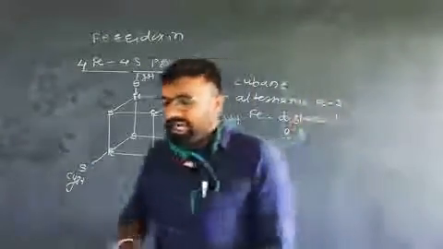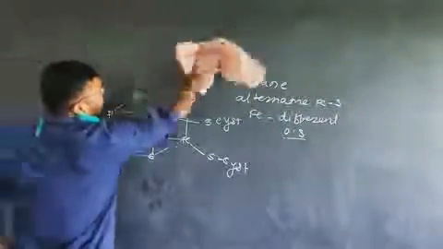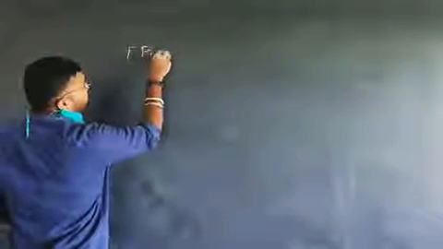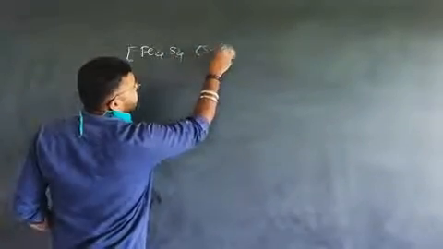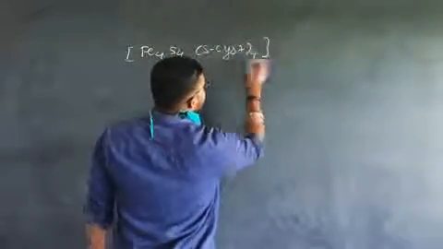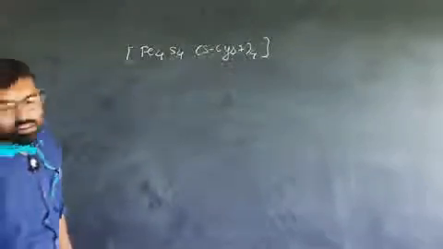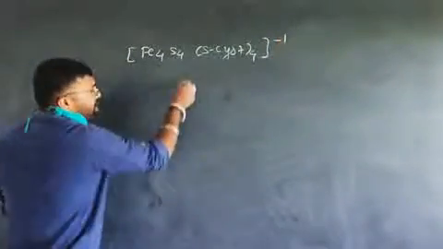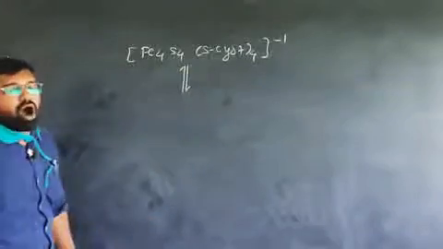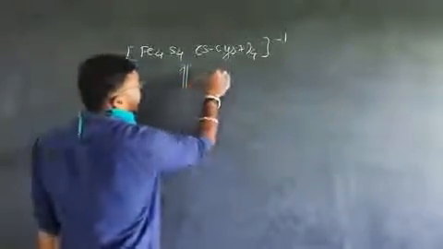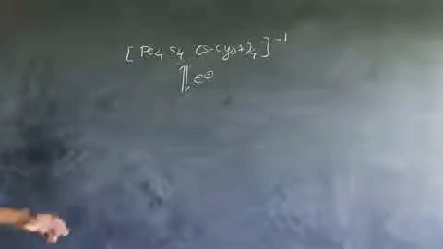Okay, now the oxidation state. If you think about the oxidation state of this 4Fe 4S protein, there are different oxidation states, near about 3 are present. Suppose I write here Fe4S4 (S-cysteine)4, the charge on the complex is -1. Because of gaining or losing electrons, the structures interchange with each other.